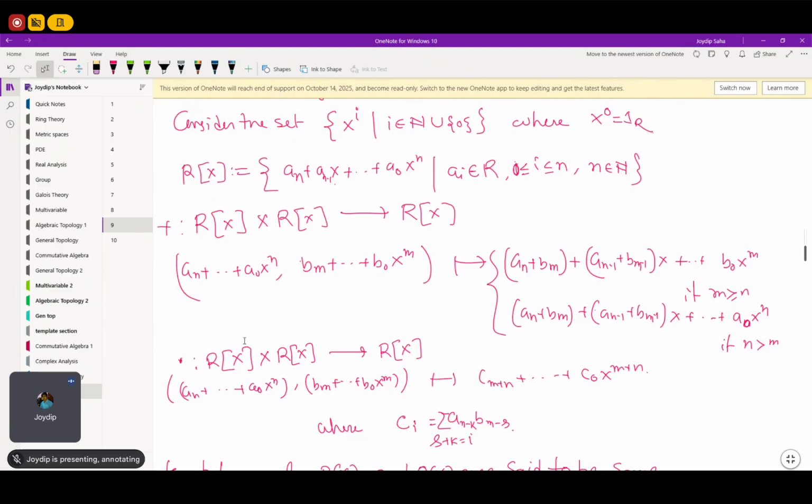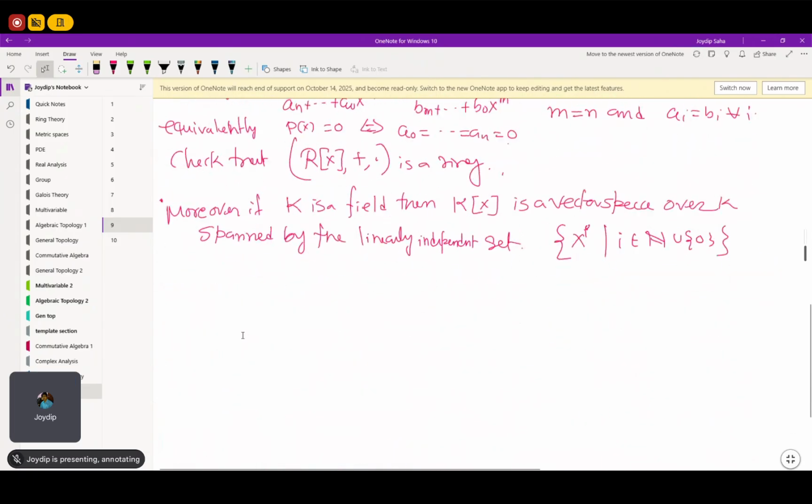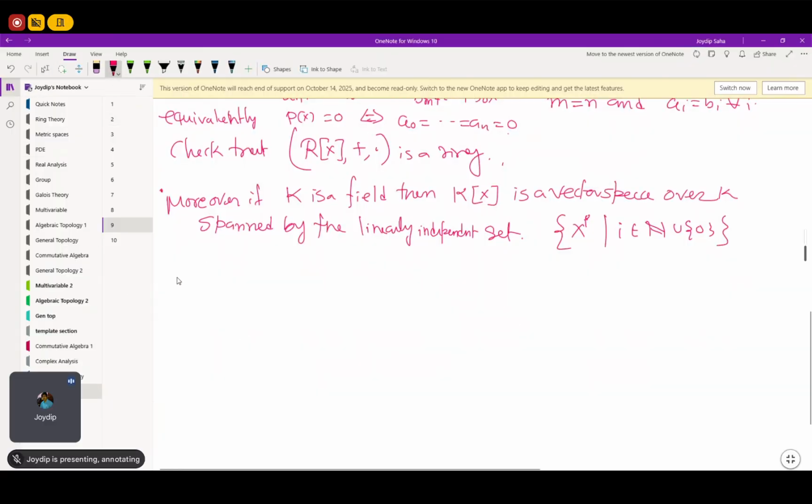From coefficients. Now the problem is what is the ideal structure? That is the problem. Okay, another thing I have to mention: there is a ring homomorphism from R to Rx, the inclusion map, a goes to a.